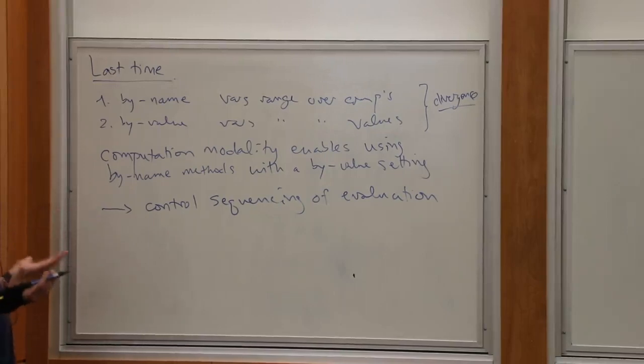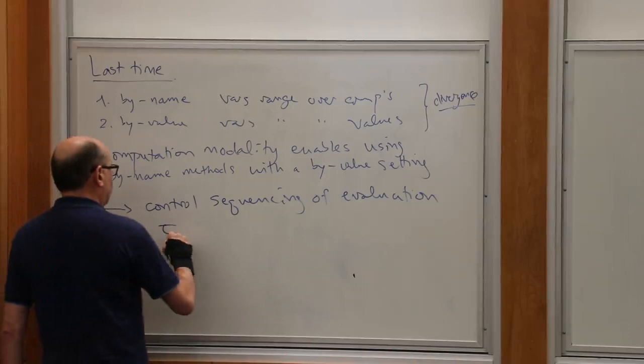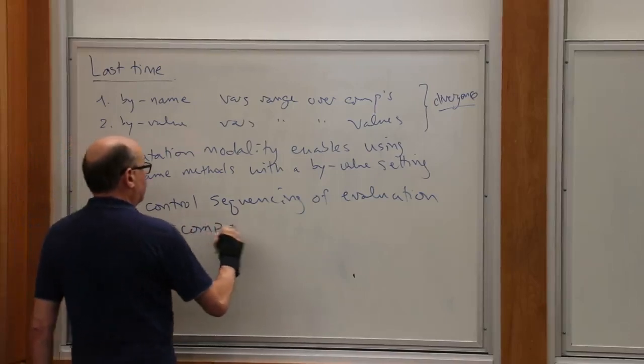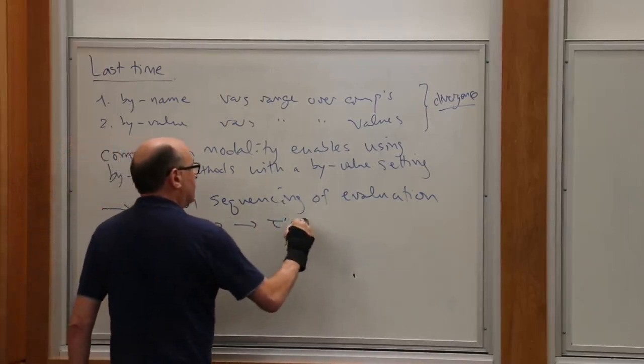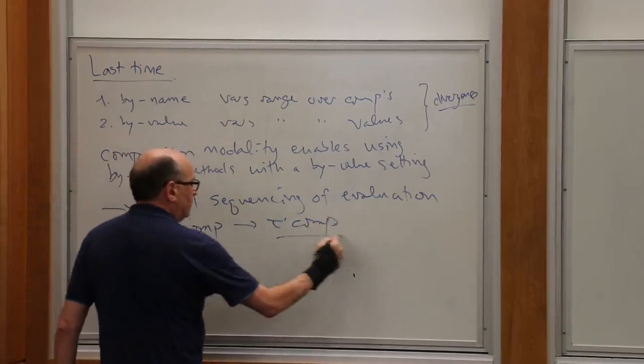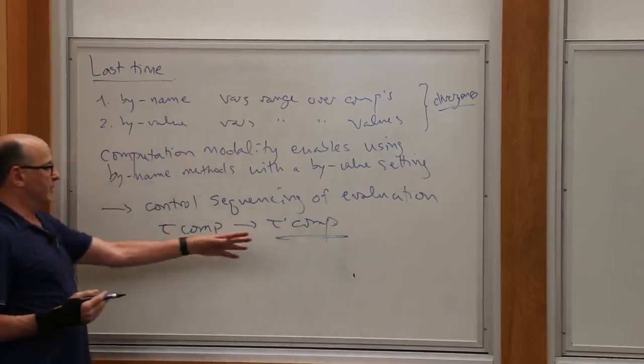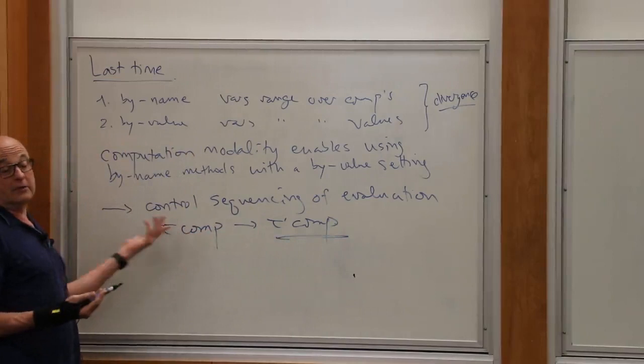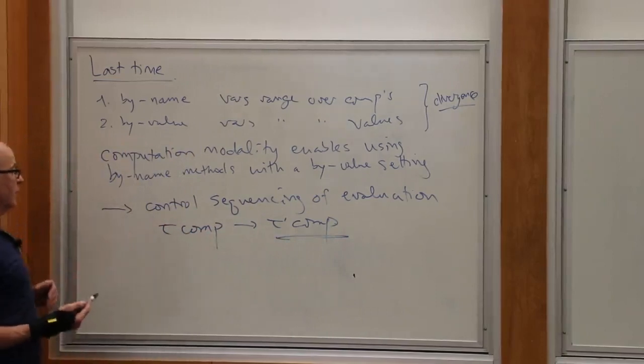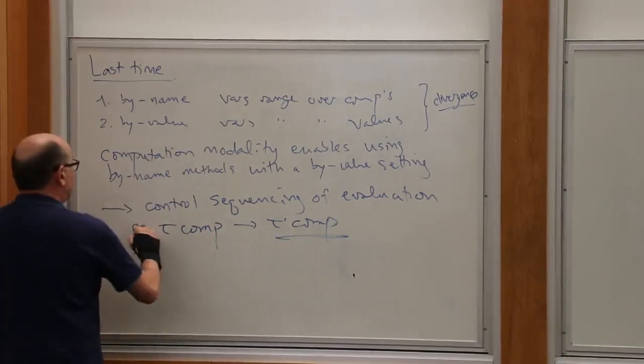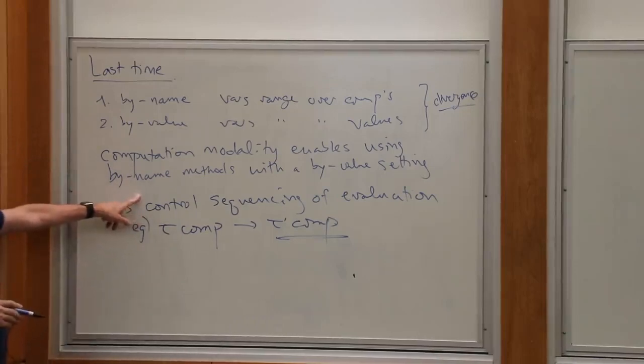And so then we can recover, for example, by name functions, for example, we could talk about a tau computation to a tau prime computation. This being the partiality in producing a computation as a result, and this is taking an unevaluated computation as argument. So that would be an example. So it controls sequencing.